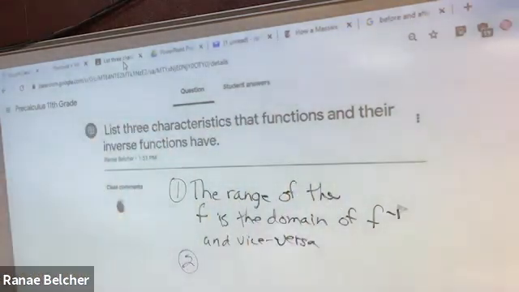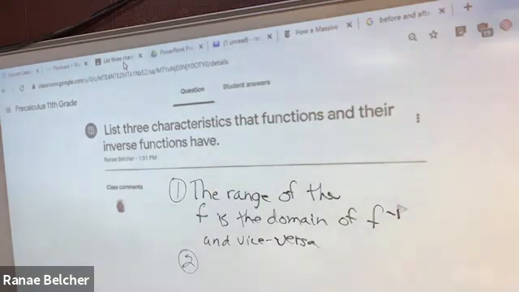See if anybody's found some others. You're on the right track. Yeah, inverse reflection of the function. Be a little bit more specific. The composition, that's kind of all one thing.